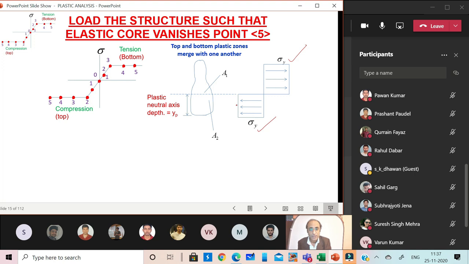Now in this situation, the neutral axis is the actual plastic neutral axis. How do we define this? We again have to define it by the equality of the compression and the tension forces. Note that in this particular case the curvature will be infinite.